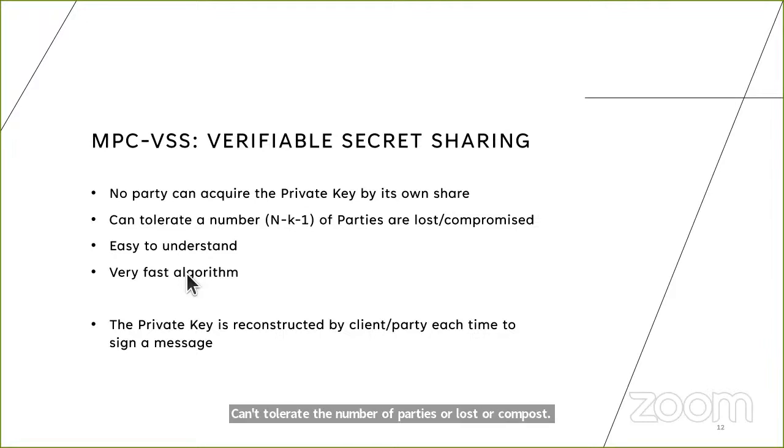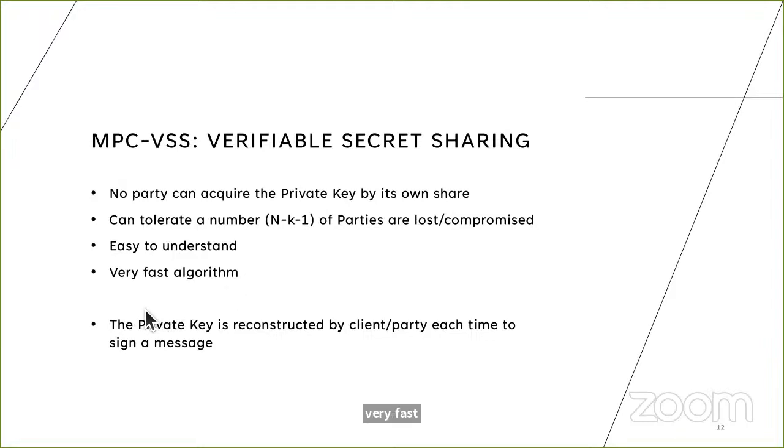So we have n parties, and if at most n minus k minus one of the parties are lost, we still have k plus 1 parties working, so the MPC can work without those missing parties. As we have seen, the algorithm is very easy to understand and implement, and the performance is very good. So it is very fast.